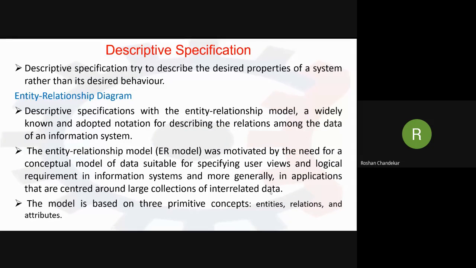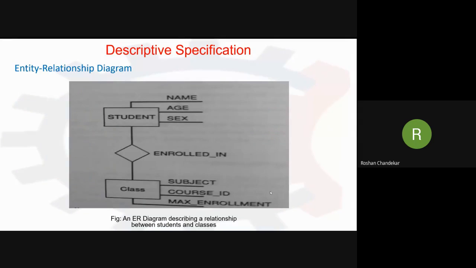Now, look at the diagram. Here is an ER diagram describing a relationship between students and classes. That is one example we have taken, showing how the ER diagram looks and how we can create a relation between two entities.